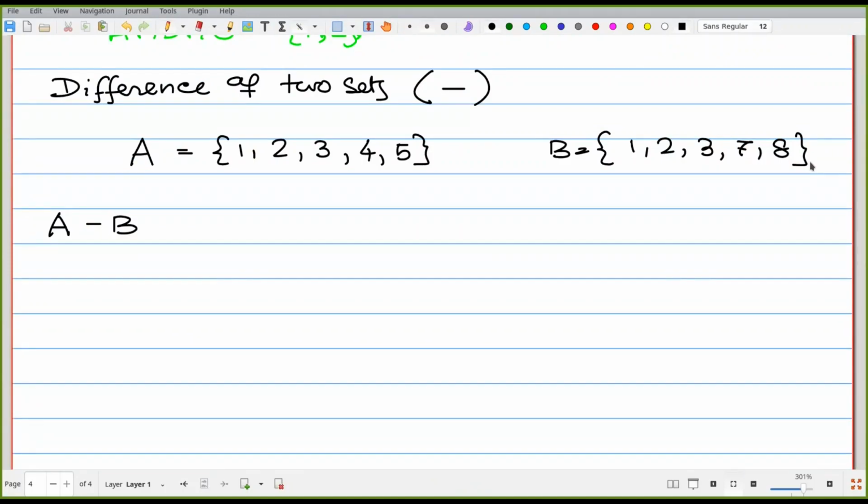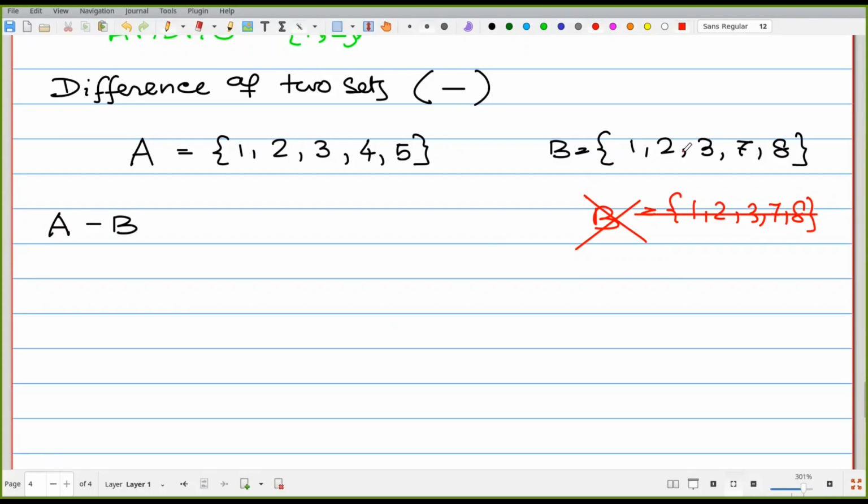Now, A minus B. When we are proceeding with A minus B, which set are we subtracting? That means the one on the right hand side of the difference operation. Just remove all the elements of that set at first. That means 1, 2, 3, 7, 8. Don't think about those elements.